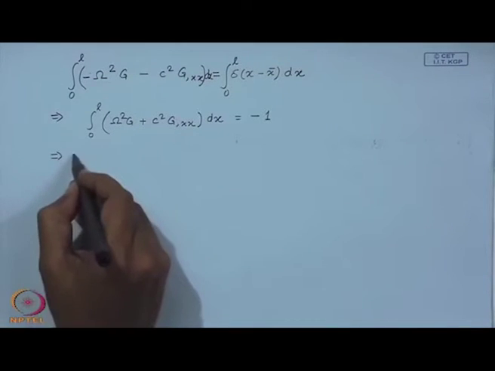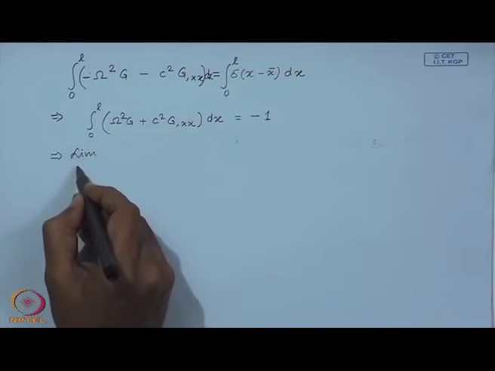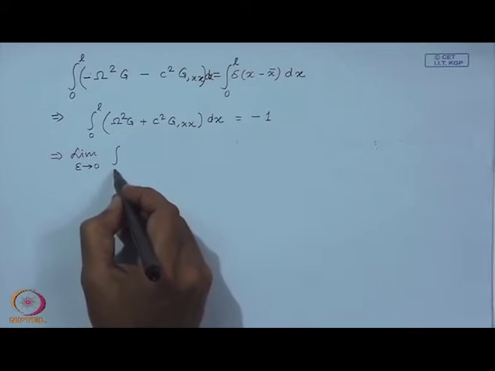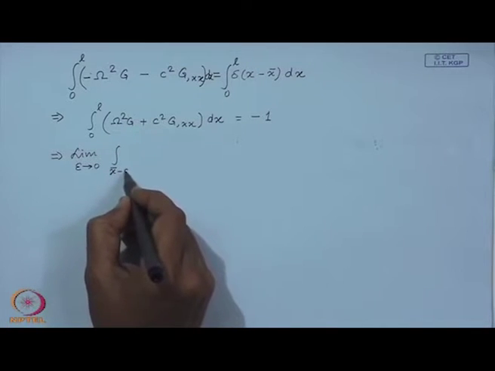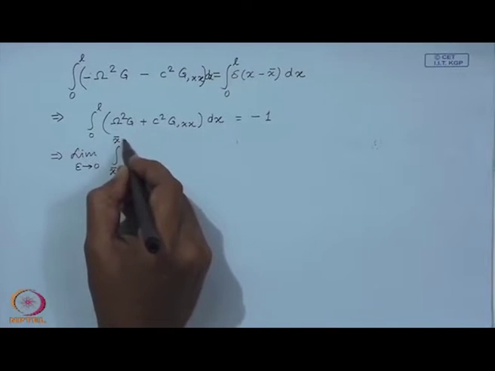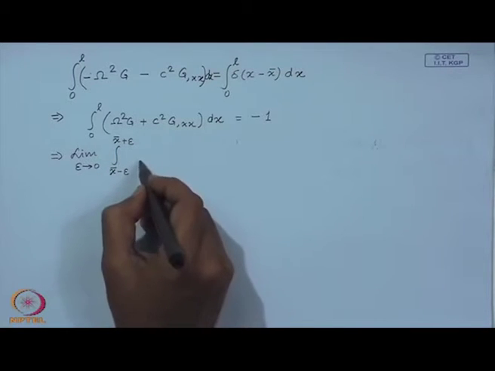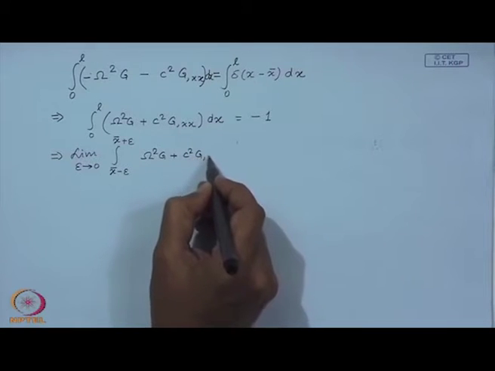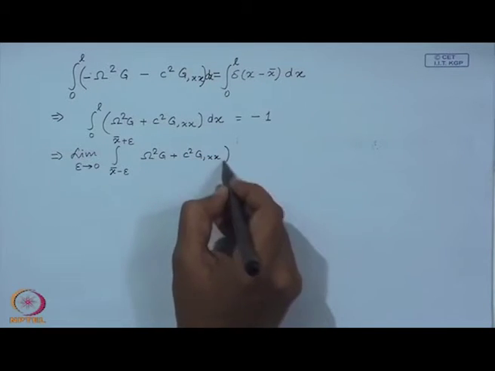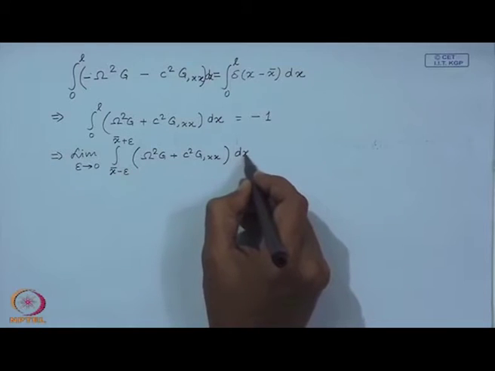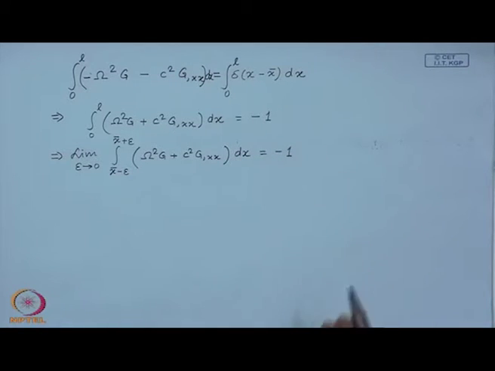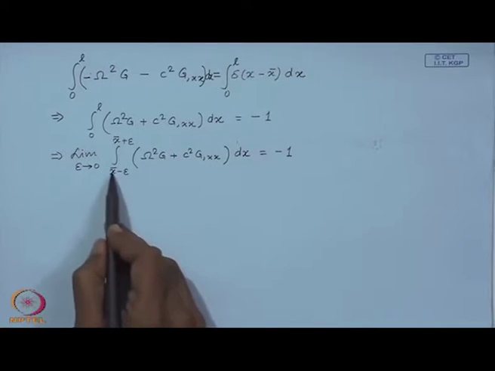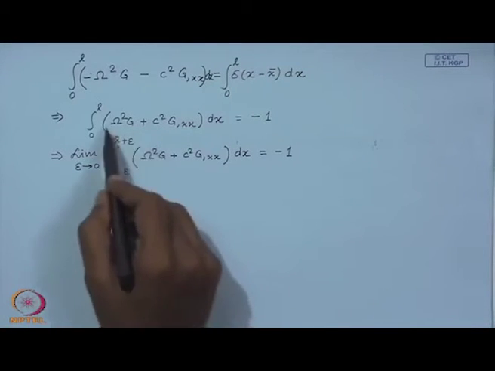So, this we can write as: from 0 to x bar minus epsilon, this integrand is 0.